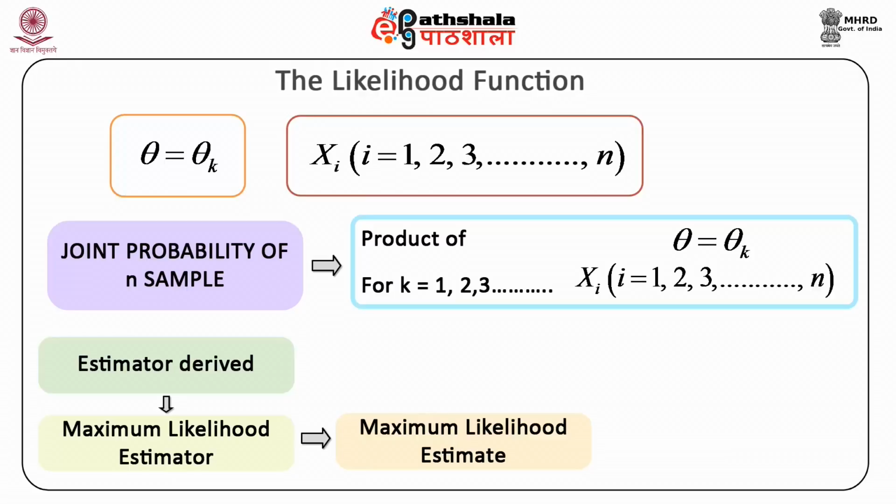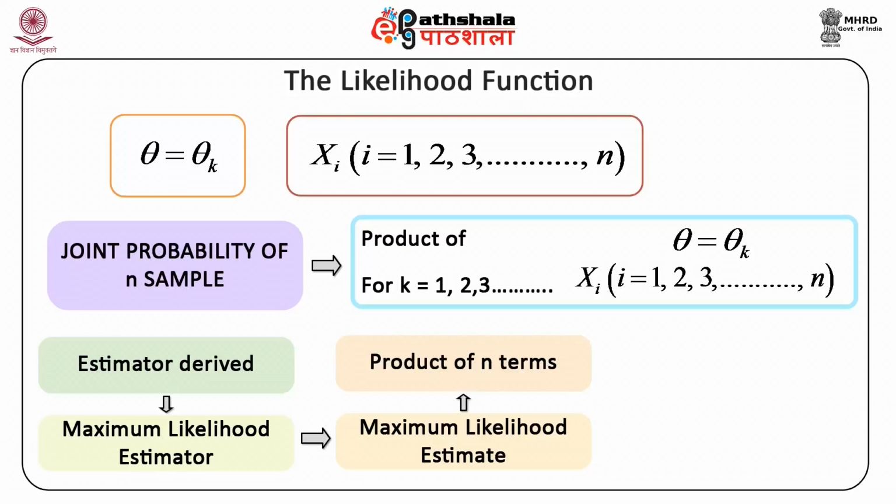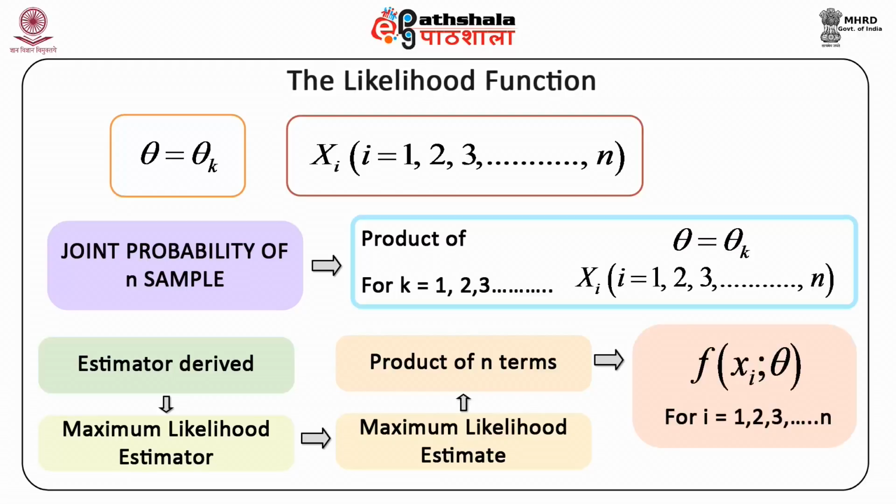The joint probability distribution of sample observations as a function of theta is called the likelihood function. For a sample of size n, the likelihood function is a product of n terms, which are f as a function of x and theta for i equal to 1 to n, when the density function is f(x, theta).